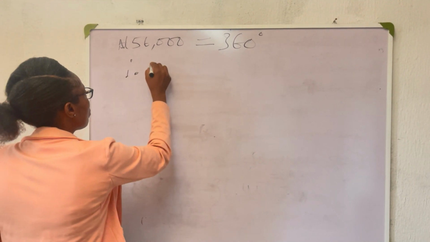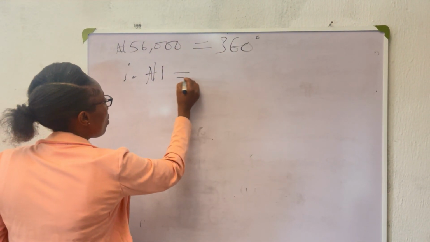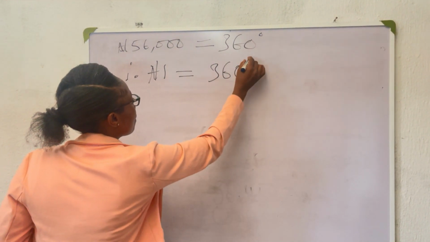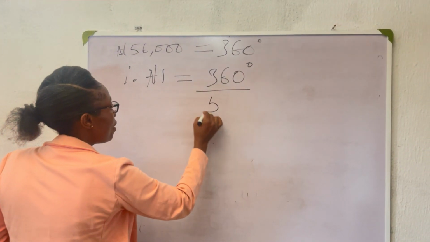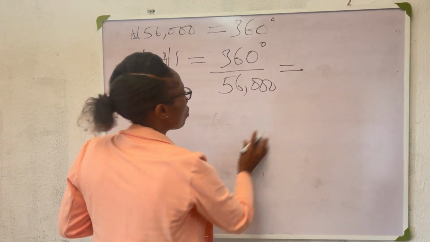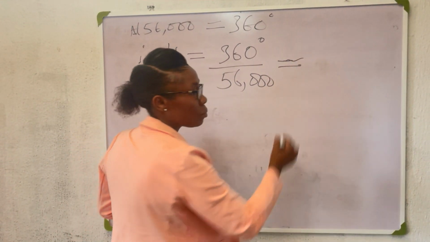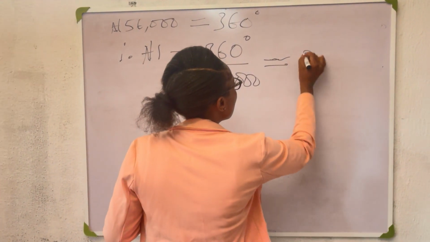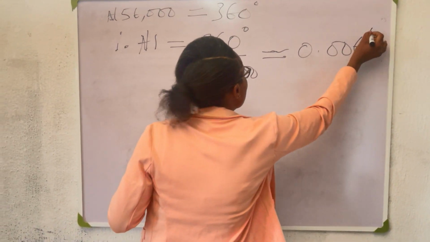Therefore, 1 naira will represent 360 degrees divided by 56,000. What is it going to give us? It's going to give us 0.006 degrees.